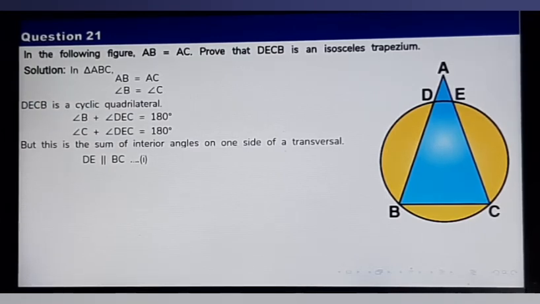Now let us prove that DB is equal to EC.